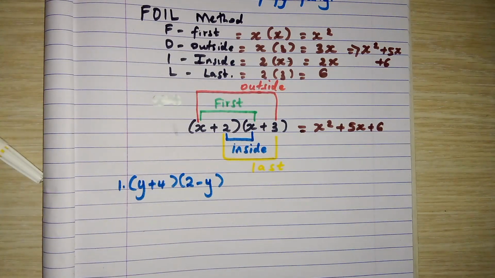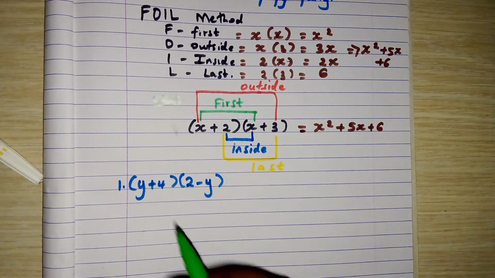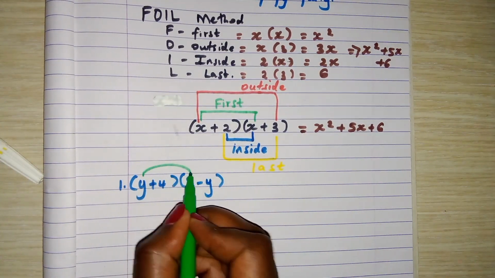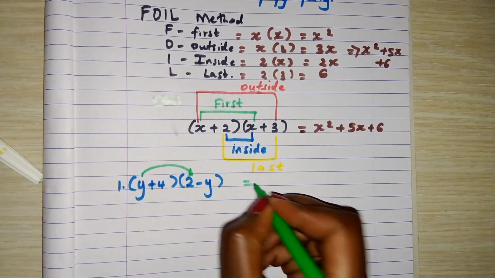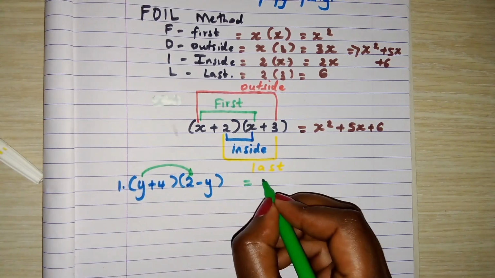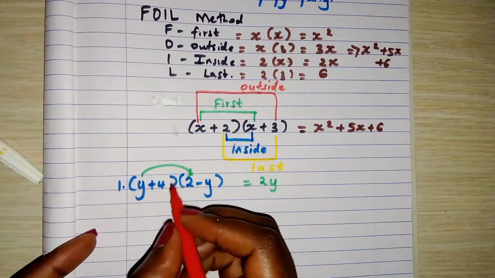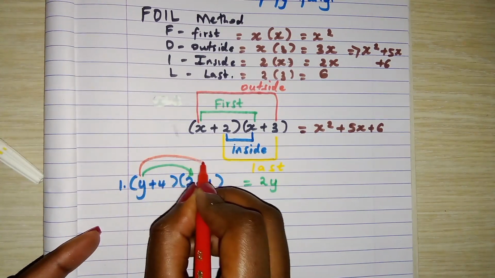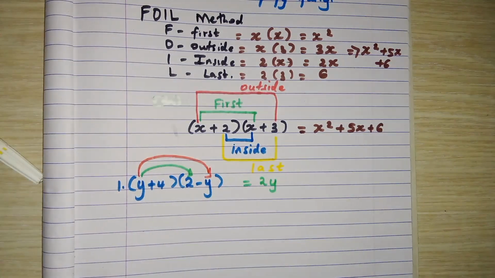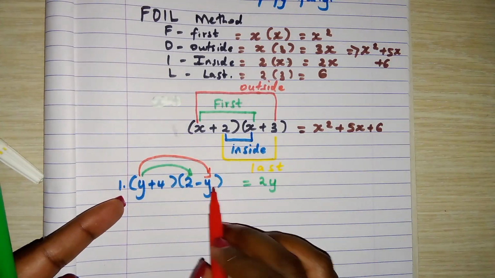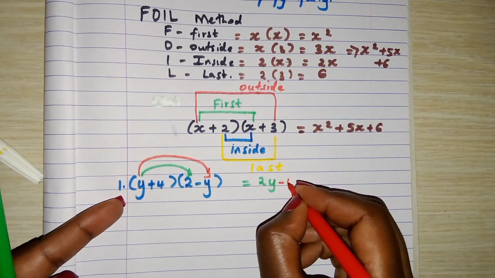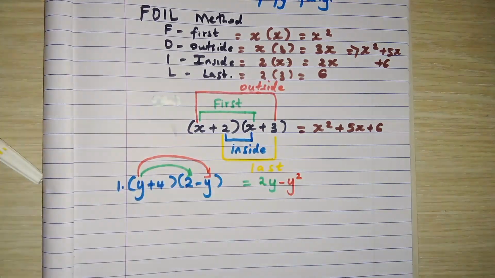So for our first we have y times 2, which is 2y. Then we go to outside, we have y and negative y. Y times negative y would be negative y squared.